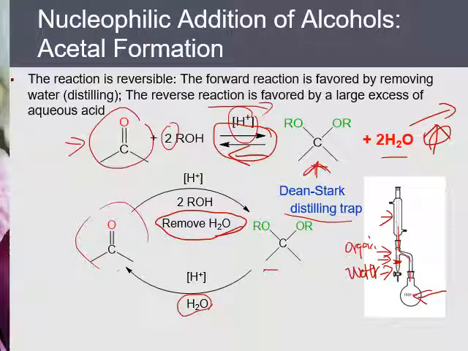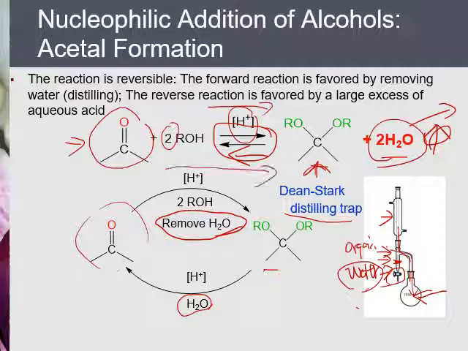This organic layer can go back to the mixture in the round bottom flask, and the water can be released by this valve. So during the reaction, we can continuously remove water. Water is the product. When you remove water, this will drive the reaction forward and maximize the yield of the acetal formation.